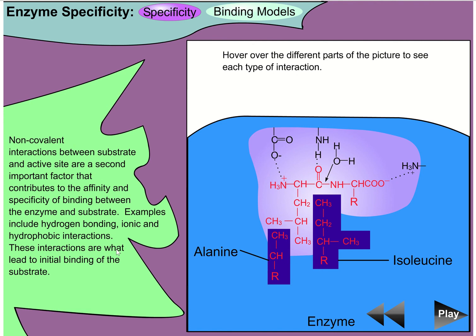Right? And these interactions are what give you the initial binding of the substrate. So this is a charge interaction. This is hydrogen bonding between the substrate and the active site. This is again a charge interaction, and this would be the hydrophobic interaction because you have nonpolar groups.